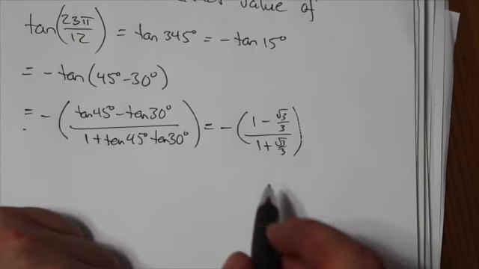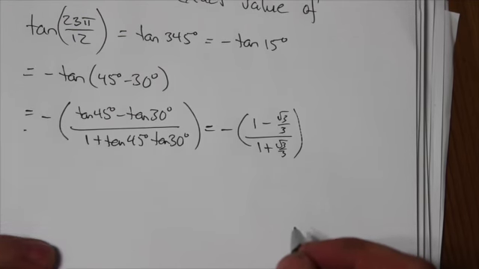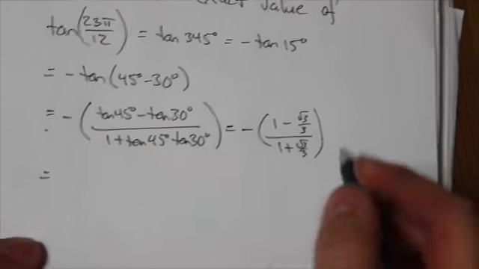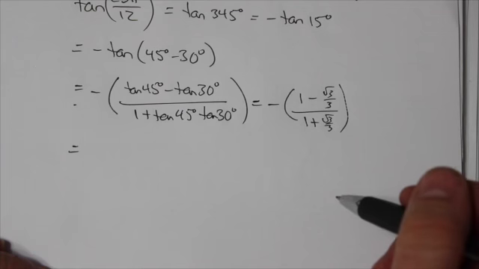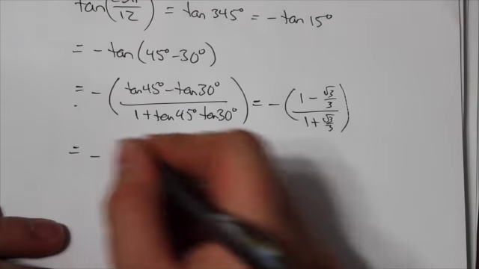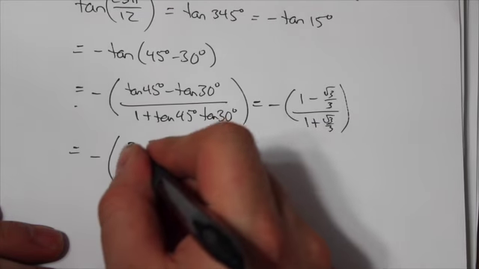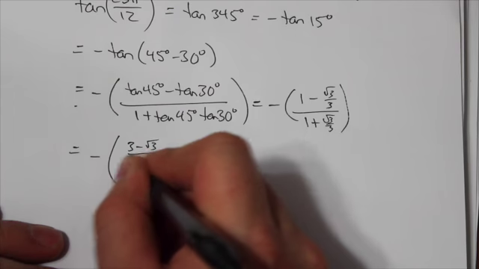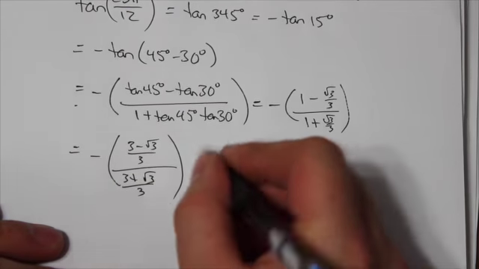Now, I would love to say that that is as far as you'd be expected to go, but that's not likely. So we're probably going to have to simplify this a little bit. The first thing we're going to do is add these fractions together in the numerator and denominator, which means looking for a common denominator, and in both cases that's going to be 3. So this will be 3 minus root 3 over 3, all over 3 plus root 3 over 3.